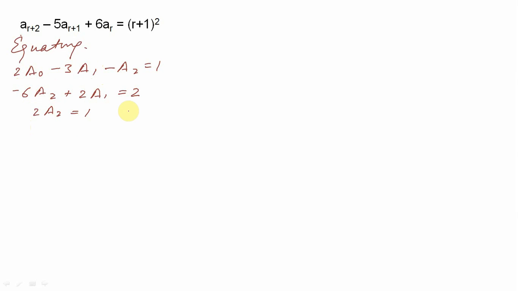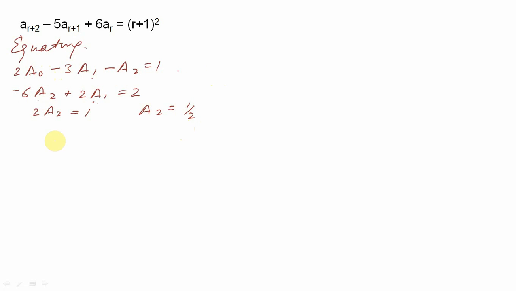From this equation, I can directly say a2 is equal to 1 by 2. Now this a2 I can substitute over here and find the value of a1, and then a1 and a2 I can substitute in this equation and find the value of a0.